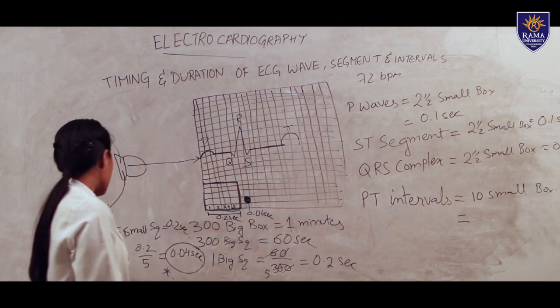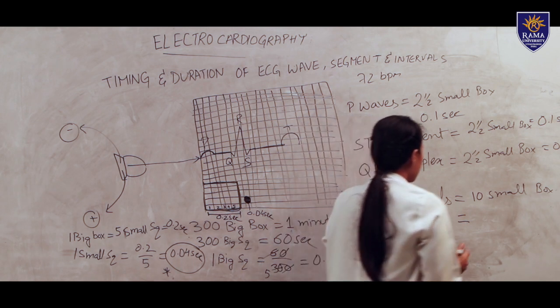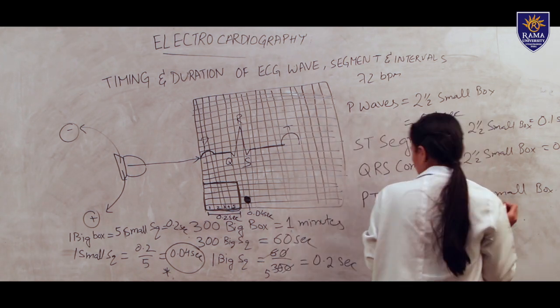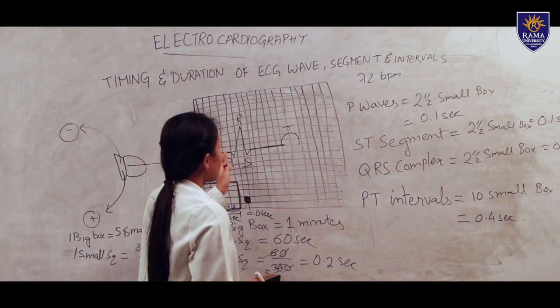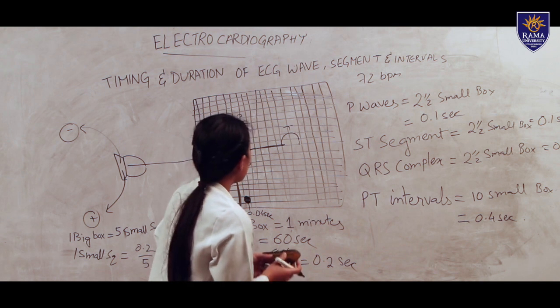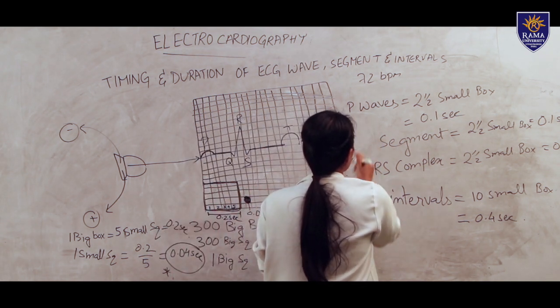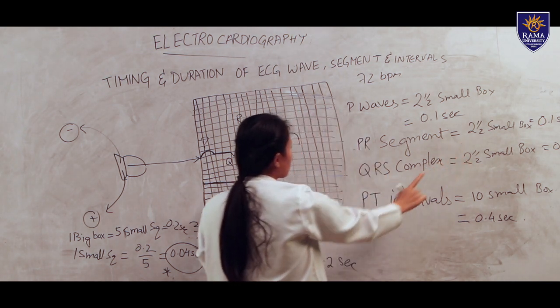One small box is equal to 0.04 second, and 0.04 second into 10 is 0.4 seconds. The PR segment also will take 2.5 small boxes.